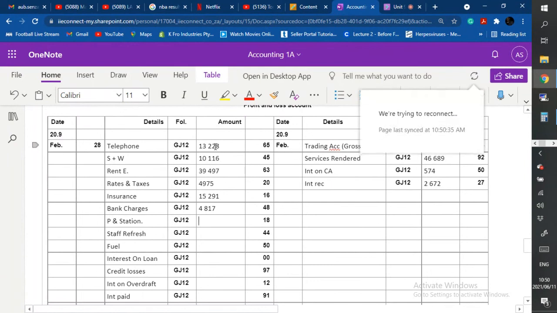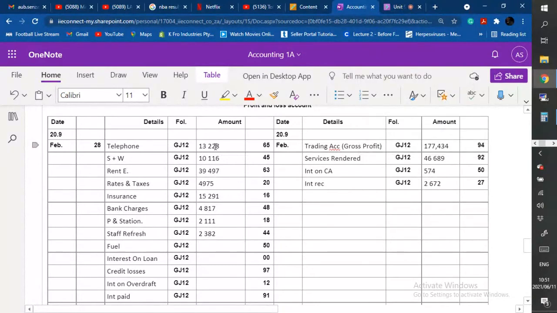Okay. Postage and stationery, 2,111. Staff refreshments, 2,382. Fuel, 5,450. Interest on loan, 9,225.